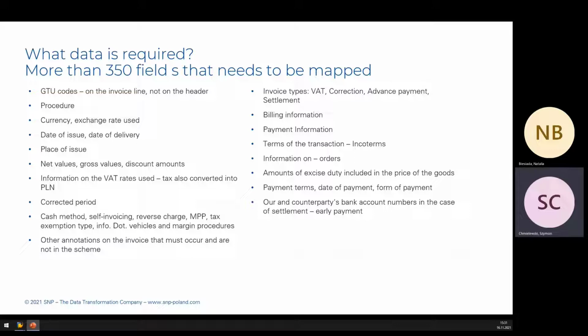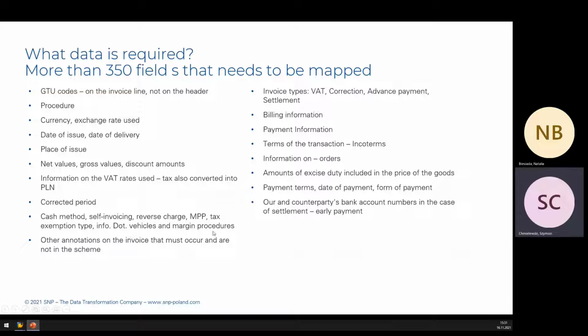The dates of issue, dates of delivery, the net value, gross values, of course, it's obvious, but also the discount values, the discount amounts. These are also known from the JPK sales invoices. There is a lot of information about which documents you are correcting, the correction invoices, which period, why, and to which invoice it was created.